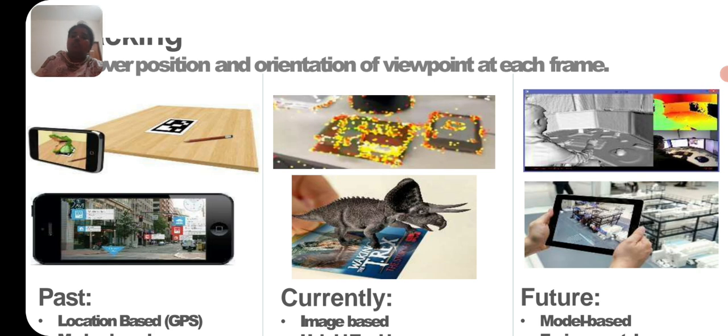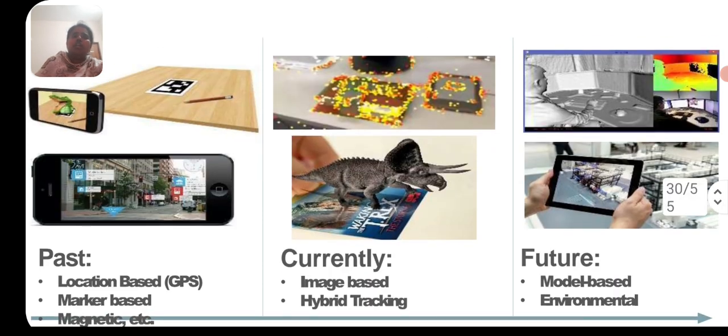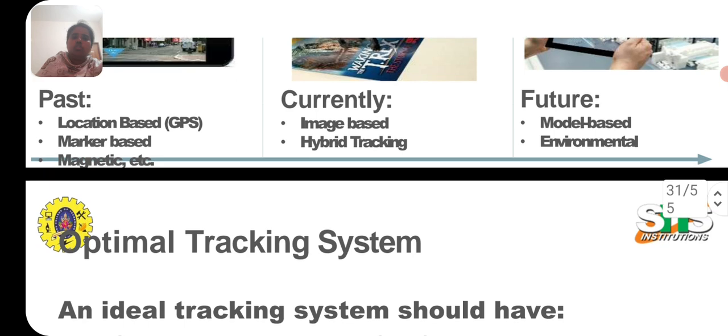In the past, tracking was location based, GPS, marker based, and then magnetic. Currently image based and hybrid tracking is the future, along with model based environments. For an optical tracking system, an ideal tracking system should give a perfect 6 DOF measure of the sensor pose in any environment and any motion.